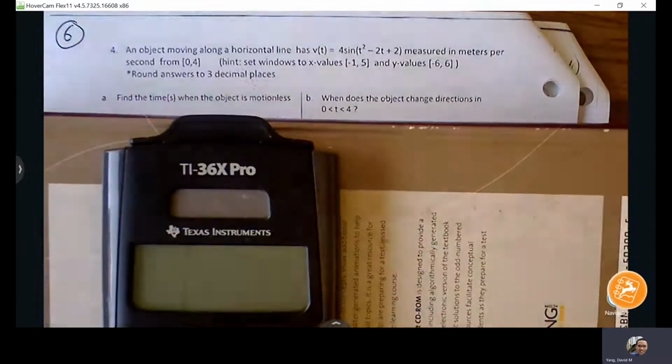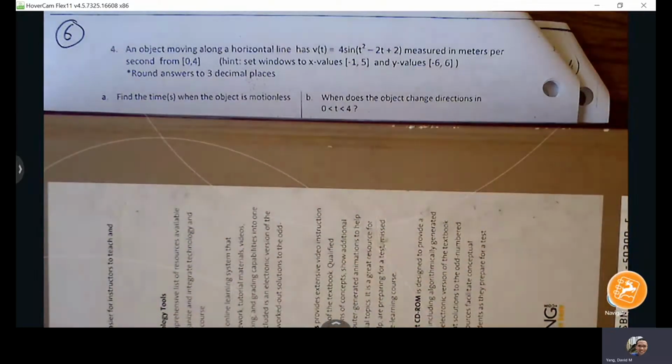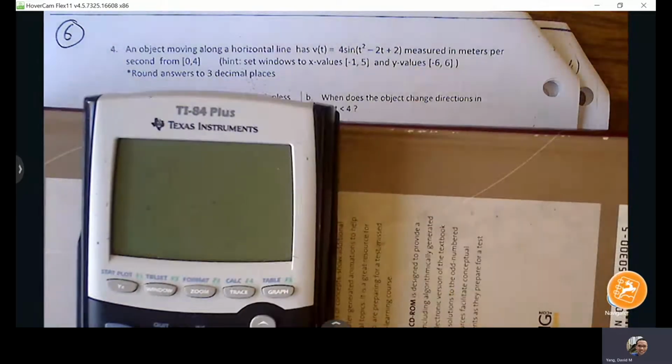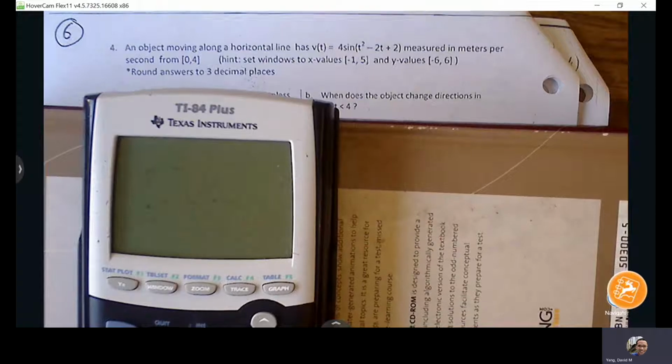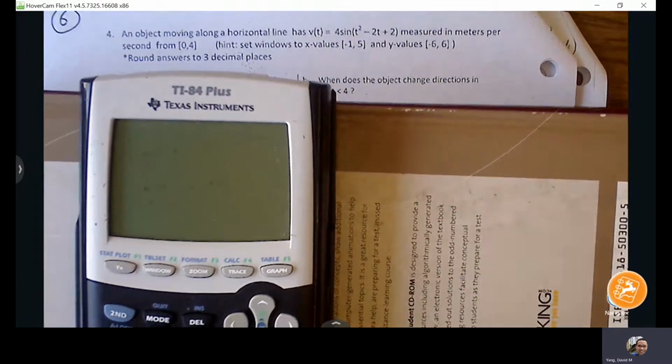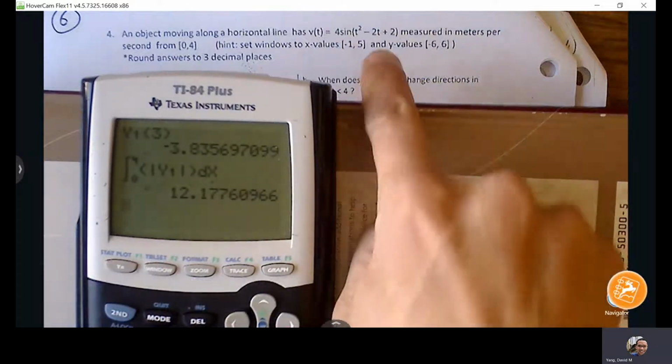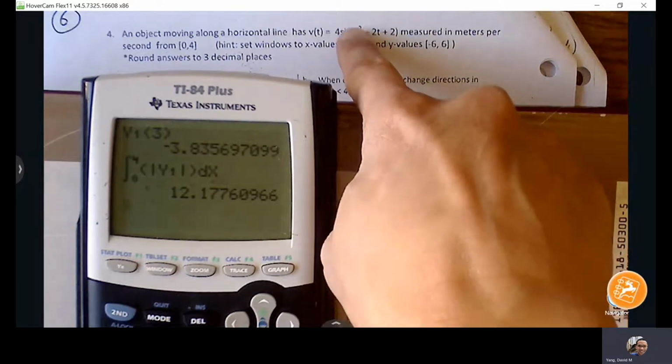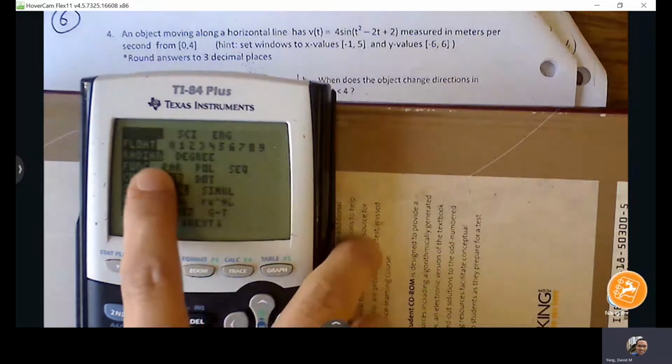Okay, an object moving along a horizontal line, V of t. Okay, I'll do the graphing calculator first, and then I'll talk about the steps for the scientific one. Okay, you want to type in your velocity function. Notice that there's trig involved, so make sure that your mode is always in radian mode.